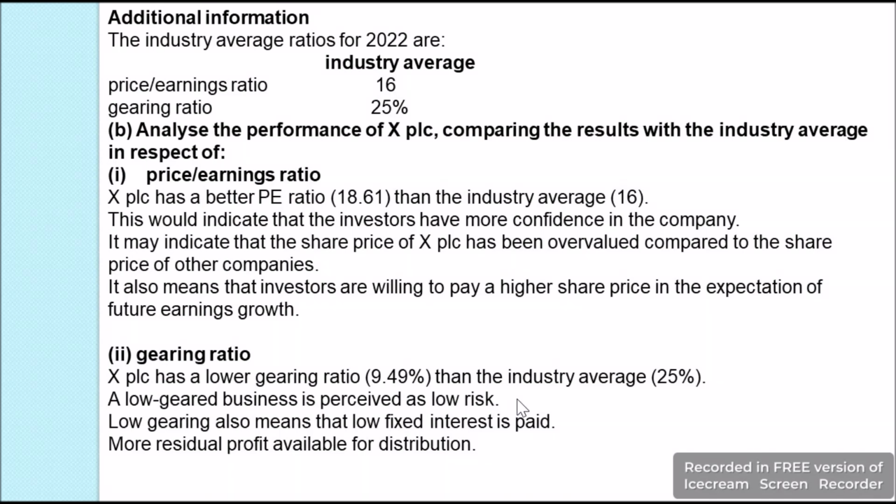It does not have to pay a lot of interest, as outside liability is quite less and fixed capital liability is quite less. Hence XPLC is in a safer zone, and low gearing also means that the fixed interest paid is less and they will have more profit available for distribution.